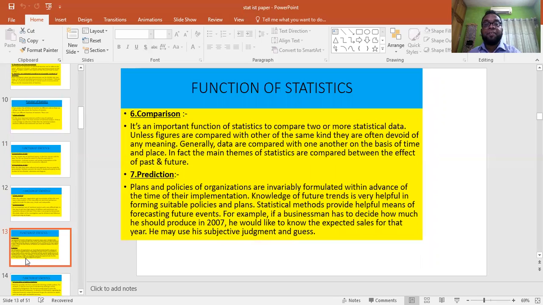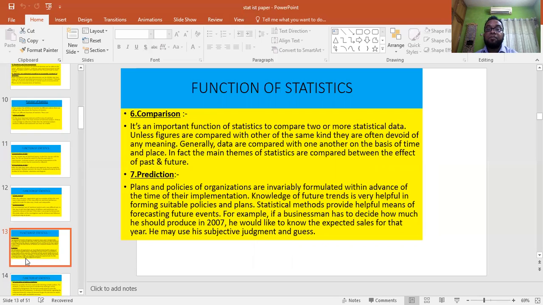Now, comparison. It is an important function of statistics to compare two or more statistical data. Mainly, statistical analysis and data collection are done to compare two or more data.